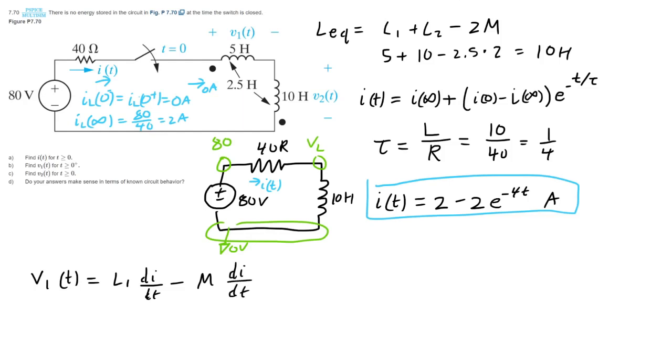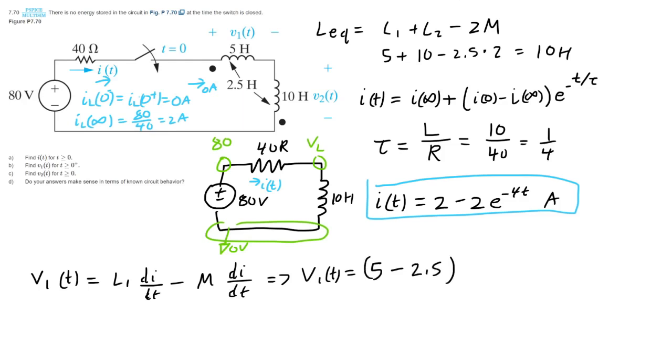There's only one current in the circuit, so that means V1(t) is 5 henry minus the mutual inductance, which is 2.5.